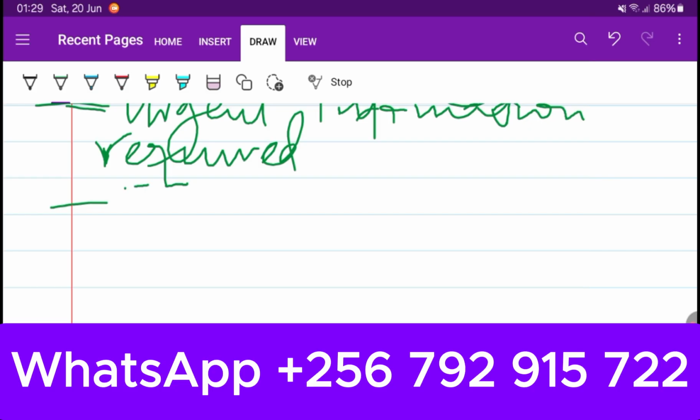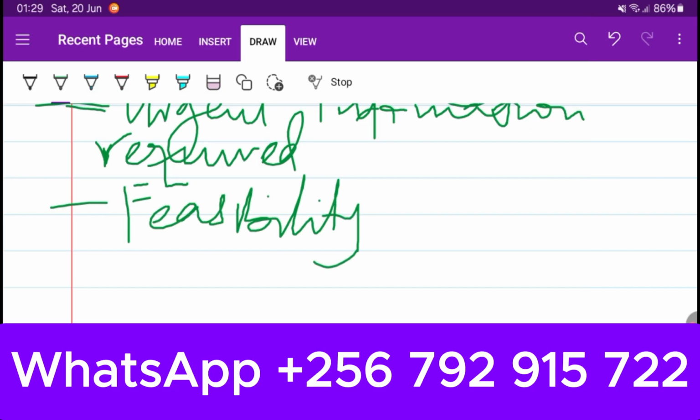The other one that we can talk about is feasibility. Is it feasible? Most of the time it is hard for researchers to conduct research on the entire population because of resource and budget constraints, the limited resources in terms of budget and even time constraints.